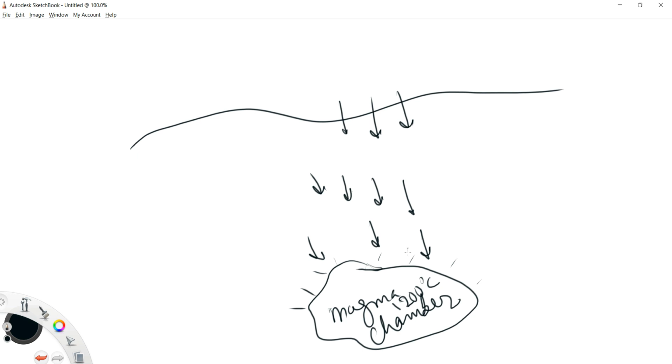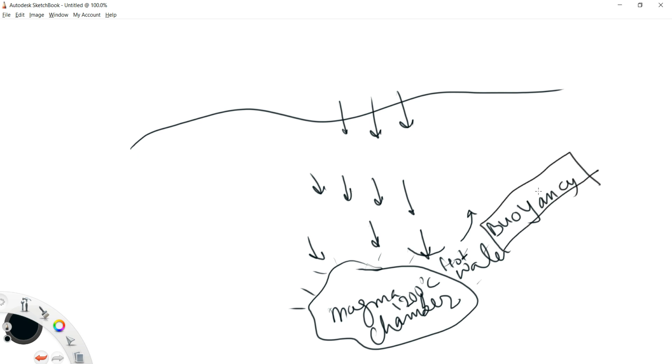So when the water gets hot here, this hot water will start rising toward the surface because of buoyancy. This is another law of nature: the lighter mass always rises toward the surface. When you mix two masses of different density, the lighter mass will rise.